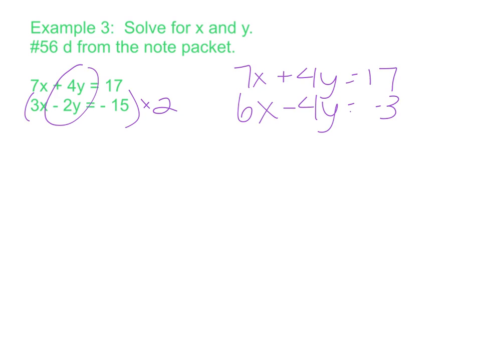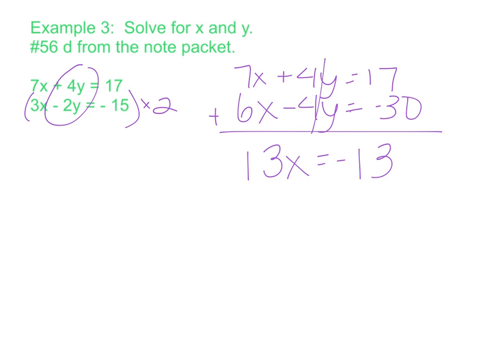That way our negative 2y becomes a negative 4y, and when we go to solve, the y's will cancel out. So we'll have 13x is equal to negative 13. We can now solve for x and divide both sides by 13 to get x equals negative 1.